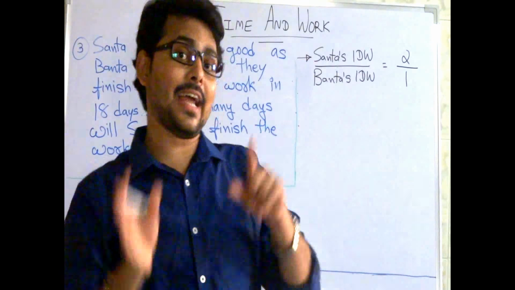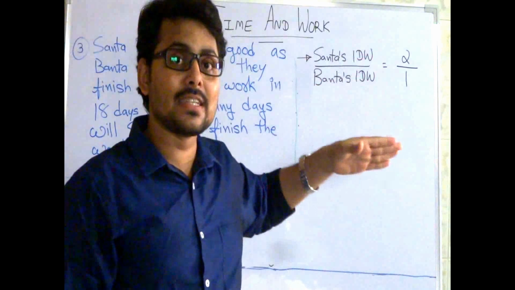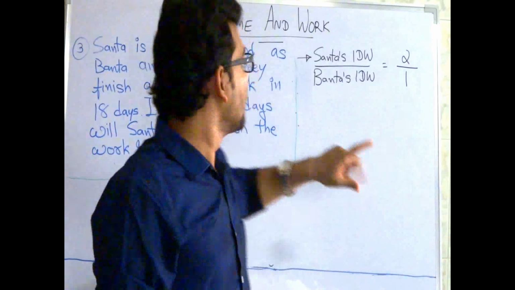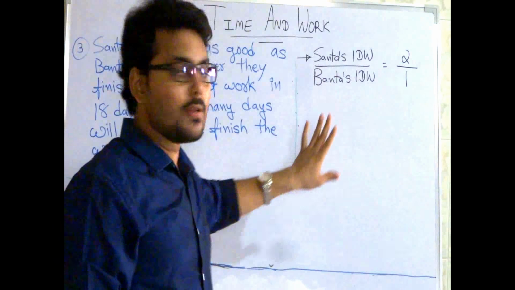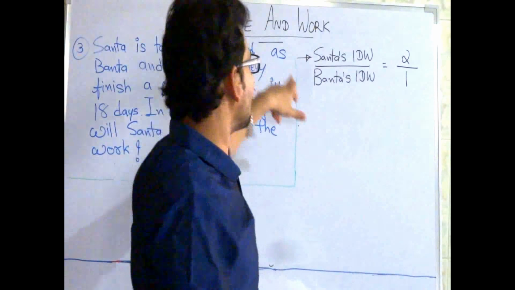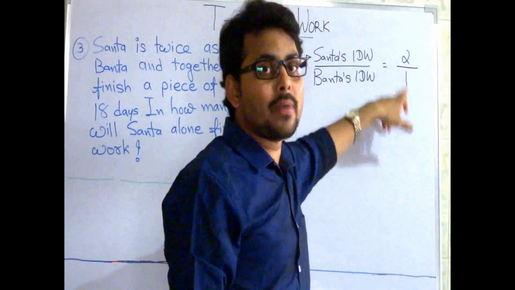If you take time taken, then it will be 1 by 2, since Santa takes less time compared to Banta. Now in case of work, it is 2 by 1. This is given as 2 because it says twice. If it were thrice as good, we would have taken 3 by 1.